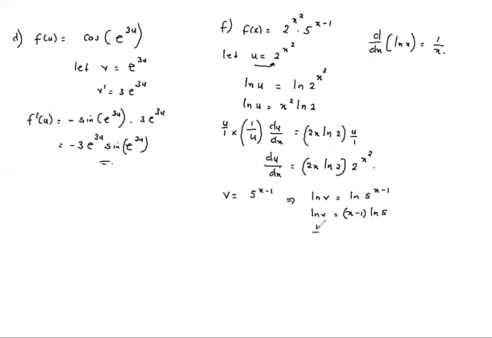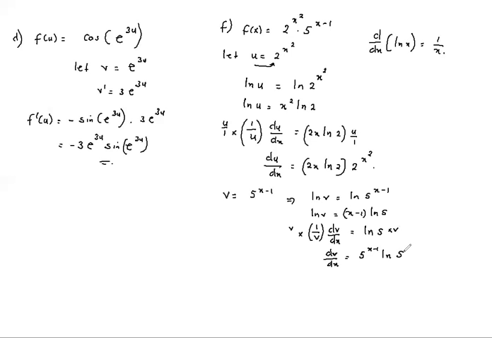So on the left, we have 1 over v multiplied by dv dx. And the derivative of x minus 1 is just 1. So here we just have ln 5. As usual, we multiply by v. So dv dx is going to be v, and v is 5^(x-1), multiplied by ln 5.